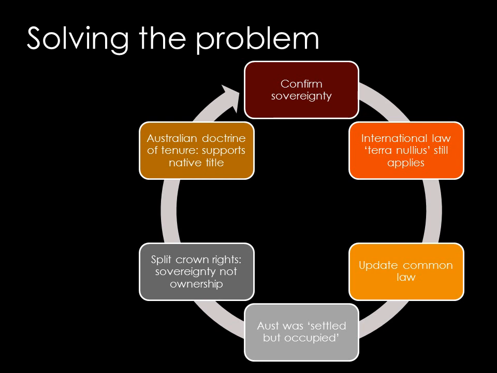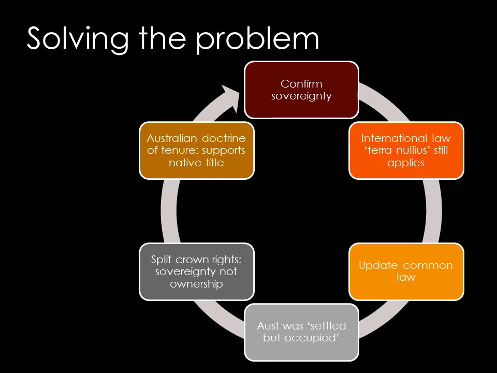And this resulted in a new conceptualization of the doctrine of tenure. It resulted in an Australian doctrine of tenure, which supports the capacity for the existence of an alternative type of title, one that's called native title.